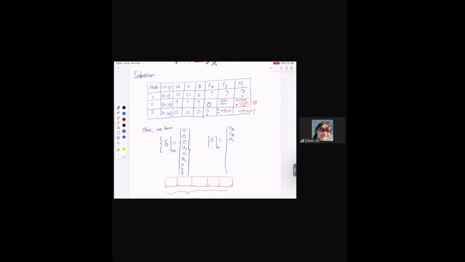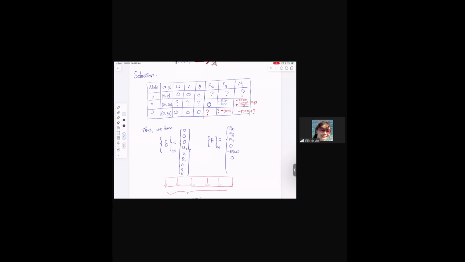And then at node 2, we do know, right? 0, minus 1500, and then 0. Okay. How about node 3? They are unknown, right? But they are reactions and some forces.